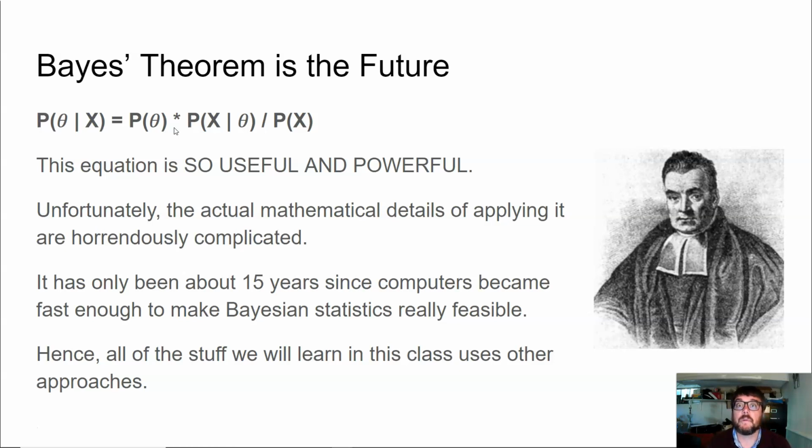However, what we're going to be learning about in the rest of this course are things called frequentist stats, which don't use this equation, but do make the math really easy. Unfortunately, that means that there's some logical convolutions that we have to do when we're framing the question, which is what we're going to talk about next week.